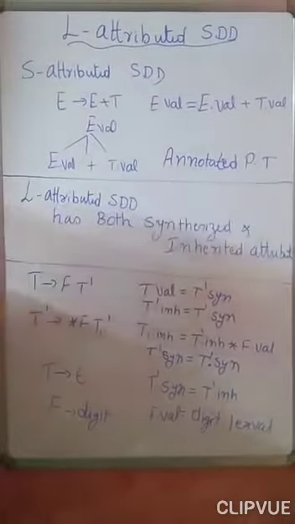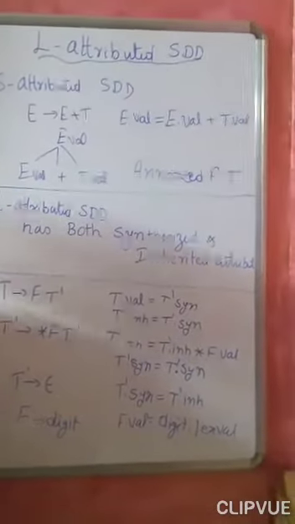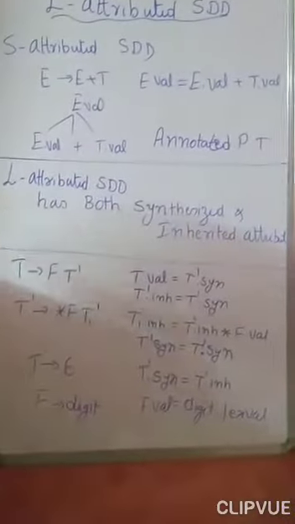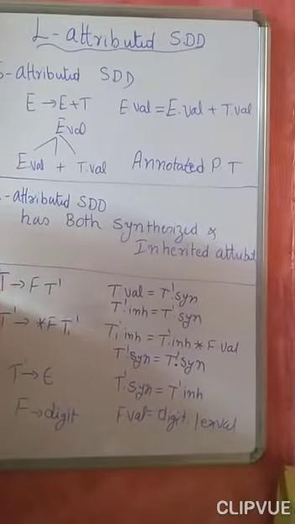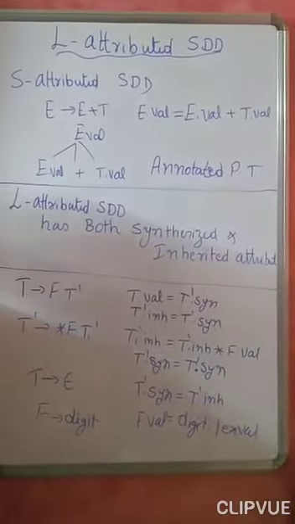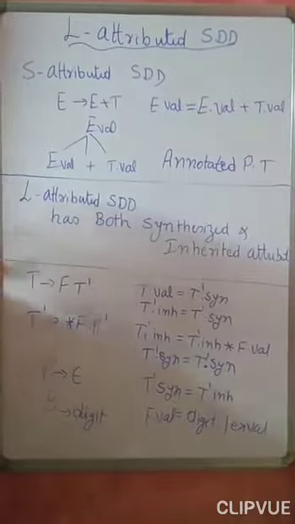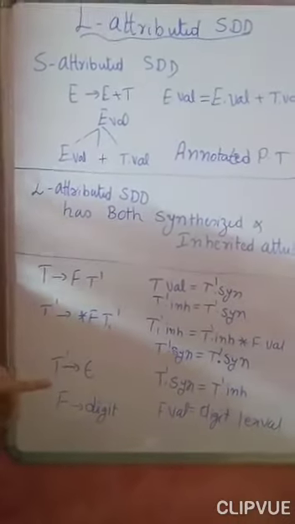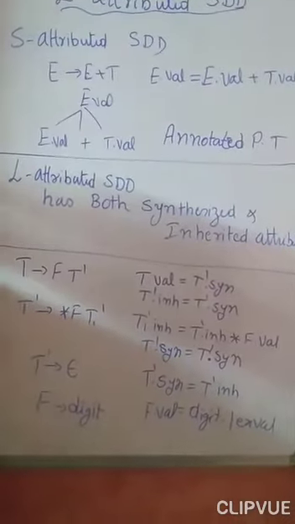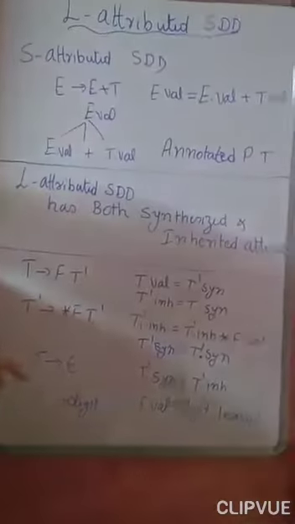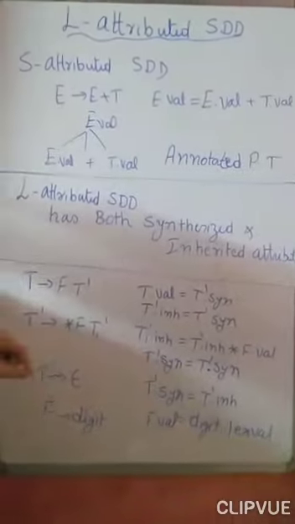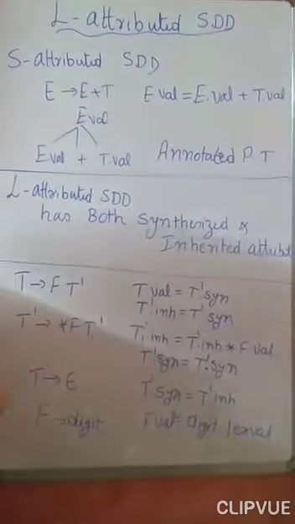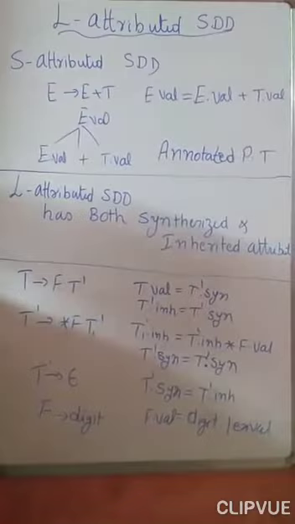I also explained how to write the annotated parse tree. Next we will consider an L attributed STD. An L attributed STD has both inherited attributes as well as synthesized attributes. Inherited attributes are those where the value of a non-terminal depends on the value of its siblings or its parent node.